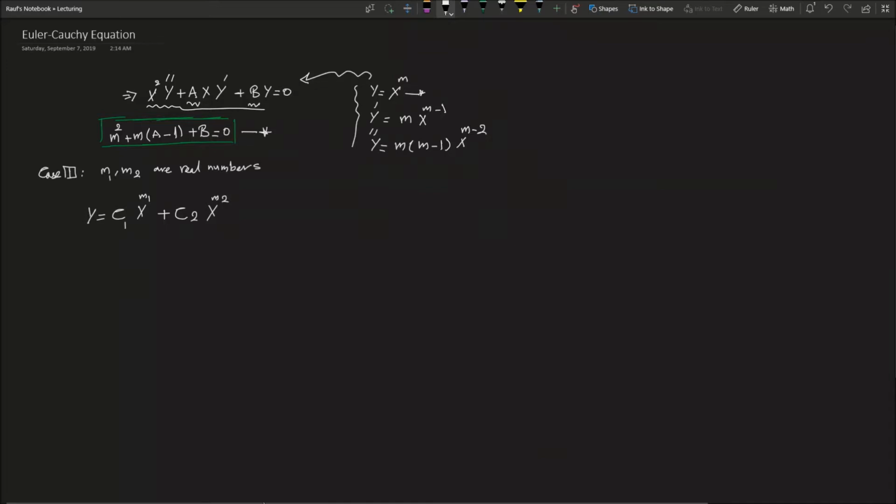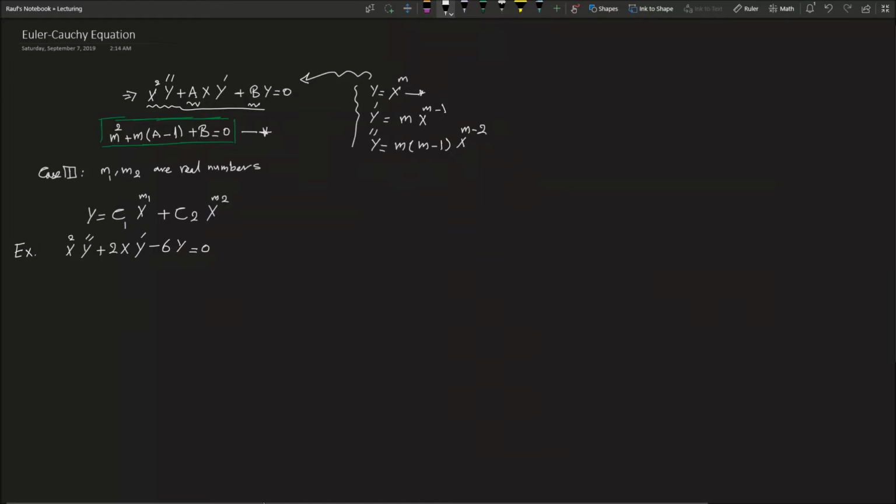Now let's take an example for a problem that applies to case 1. Having an example in here, let's say we have x squared multiplied by y double prime plus 2x multiplied by y prime minus 6y equals 0.